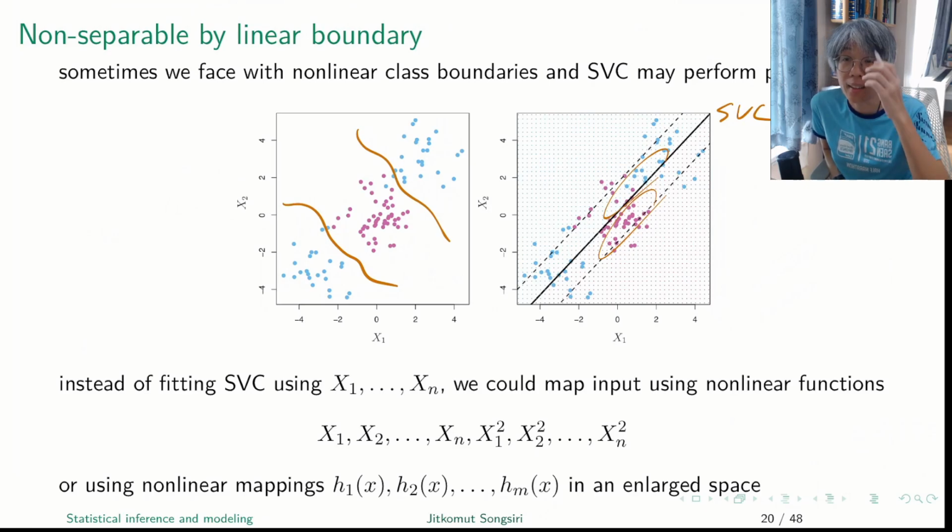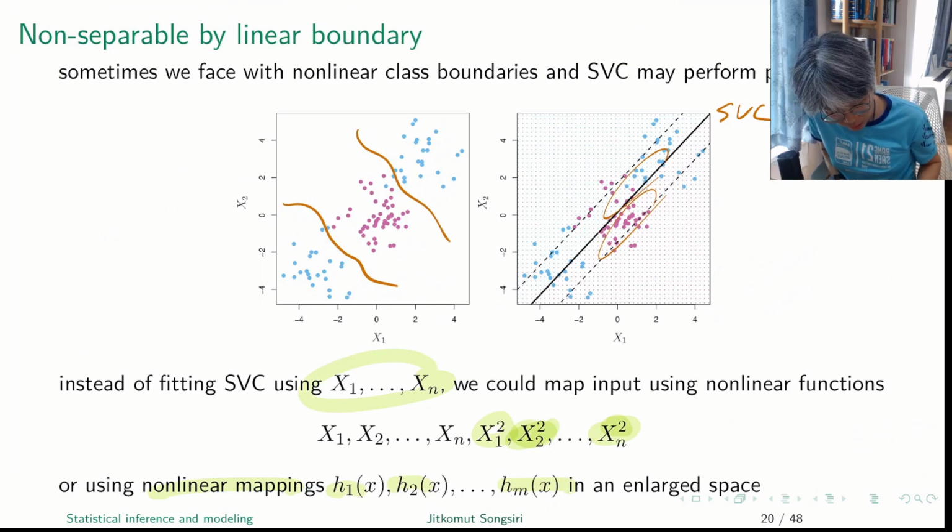So one way to add nonlinearity, to add more complexity to your classifier, is to think about how we can extend from linear function to nonlinear function. One thing you could do is map your original feature using a nonlinear function, like the square function, or you can use some nonlinear mapping h1, h2, up to hm.